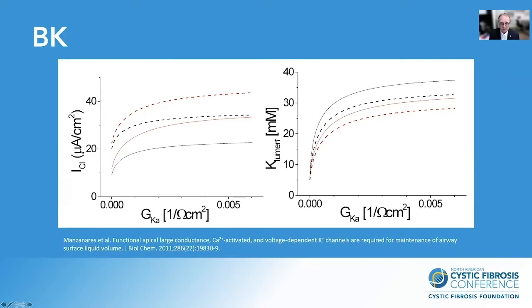This obviously relates to an increase in potassium concentration in the airway surface liquid, and in the here worst-case scenario, this is in the order of 30 to 35 millimolar. However, this is in agreement with measurements actually in the airway surface liquid, at least in mice, and therefore this model of increasing apical potassium conductance, easing the chloride exit at the apical membrane, seems important and relevant.